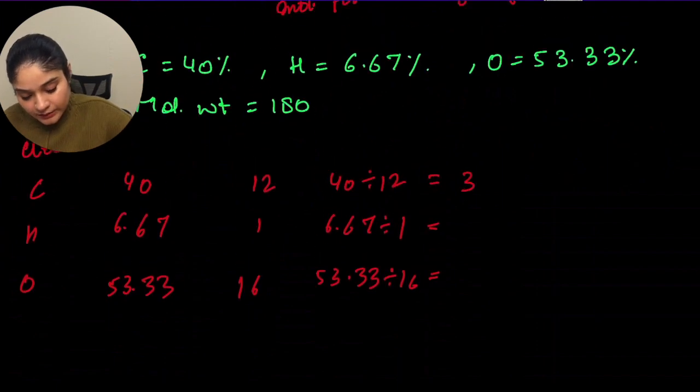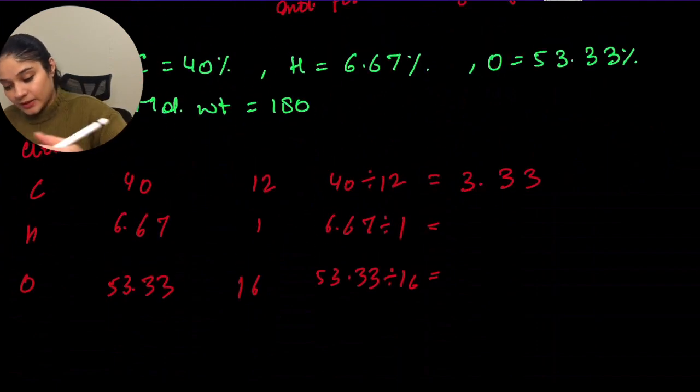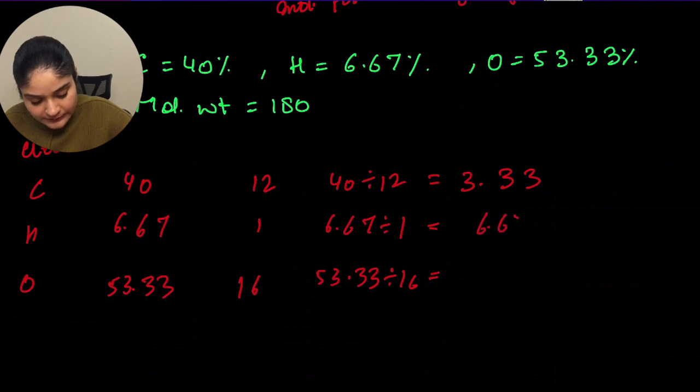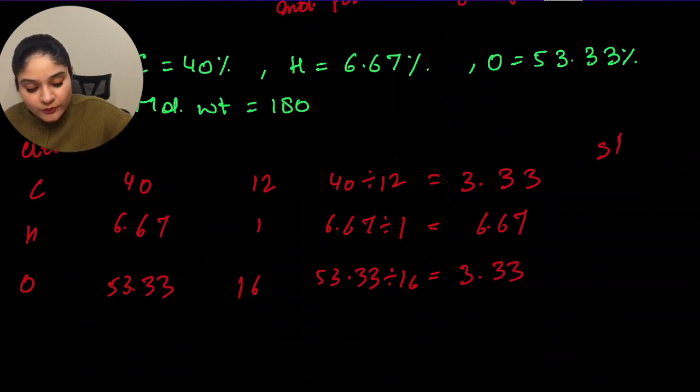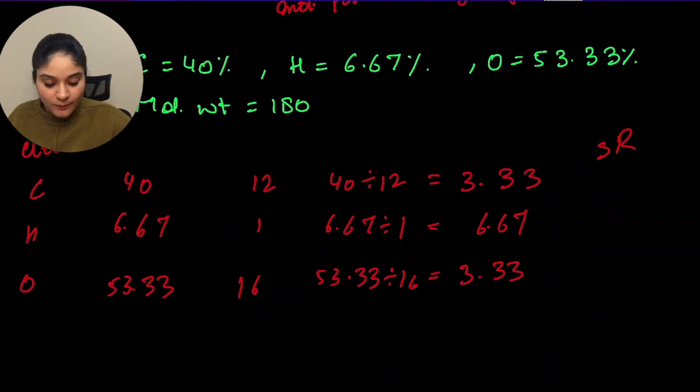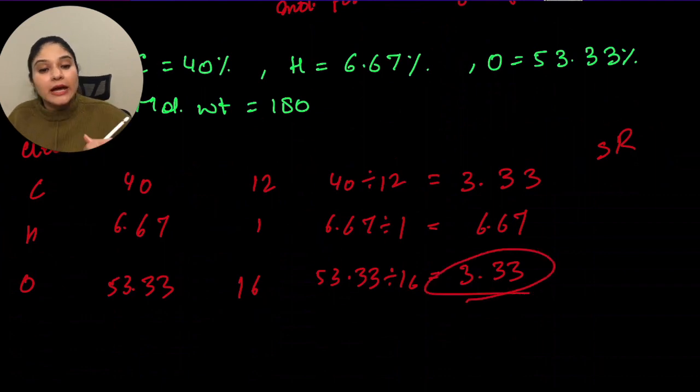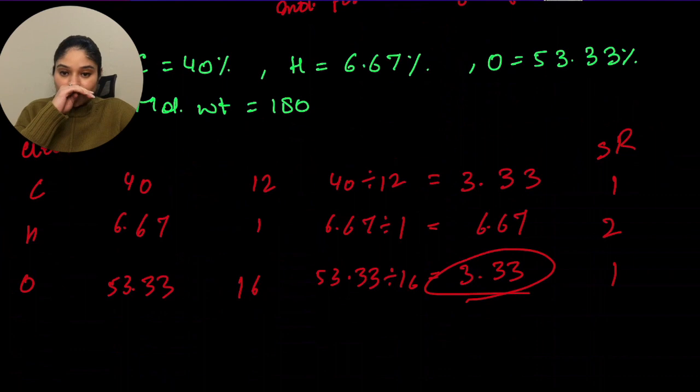So I'm getting 3.33, of course this is just 6.67, and then I have 53.33 divided by 16, which gives 3.33. Now how do we get the simple ratio? Pick the smallest number from these, that would be 3.33, and divide all of them by that number. If you do that, you get 1 and 1 right here, and approximately 2 over here. So that becomes the simple ratio.